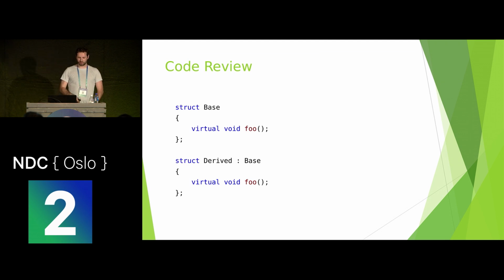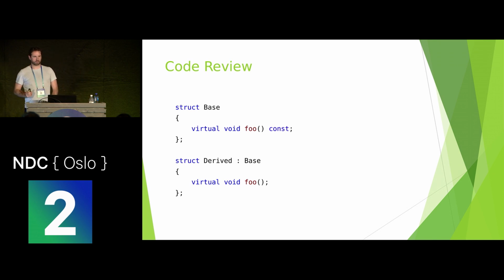This derived class needs an override specifier on its foo method. The reason for that is if the base class has a slightly different signature, my foo in my derived class isn't actually going to override the foo in the base class, if I forget the const, for example, or if there's a different parameter in the parameter list.